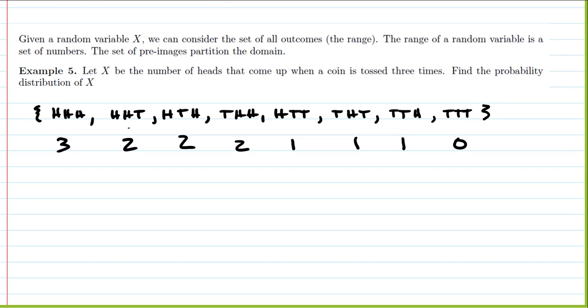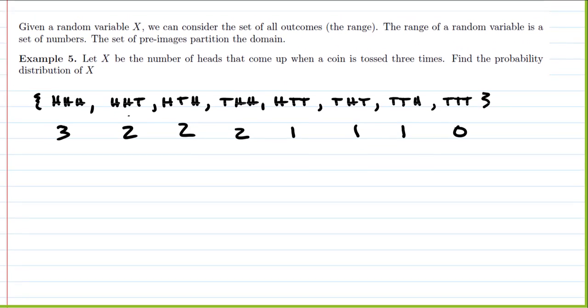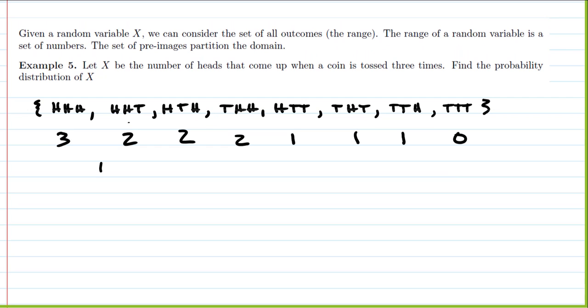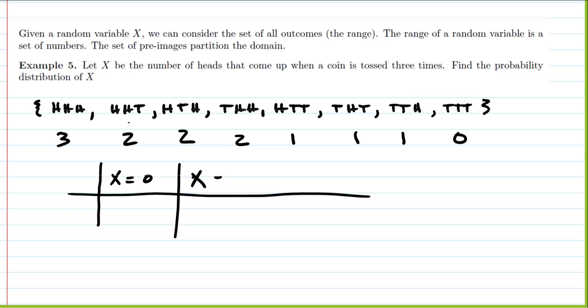The size of our sample space was 8, right? And then we have each of these things. If we make our table, it's going to look something like this. We're going to have x equals 0, x equals 1, x equals 2, and x equals 3.